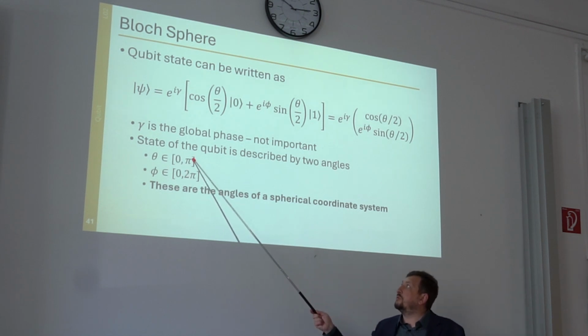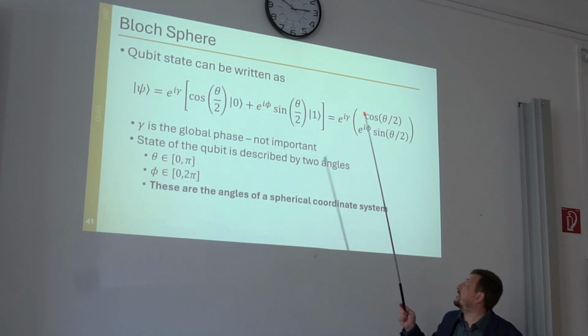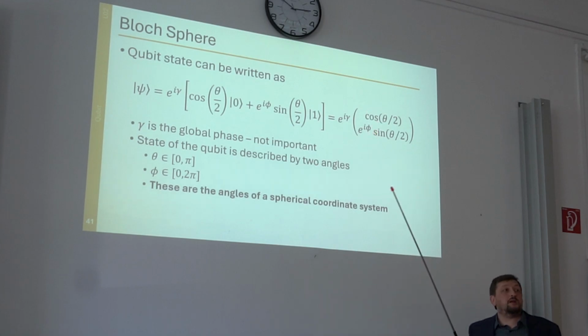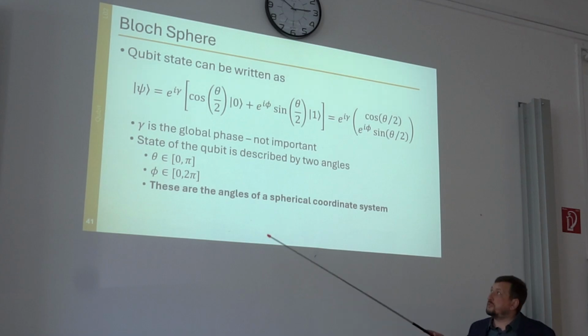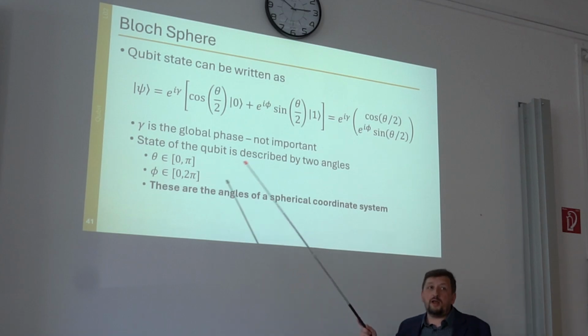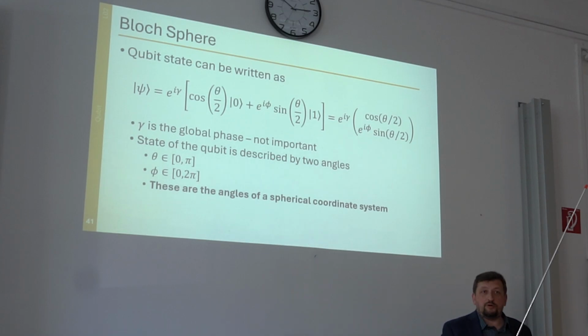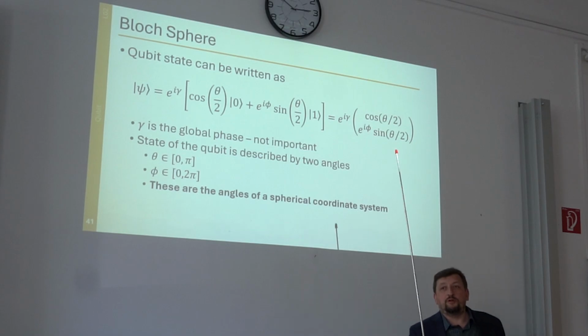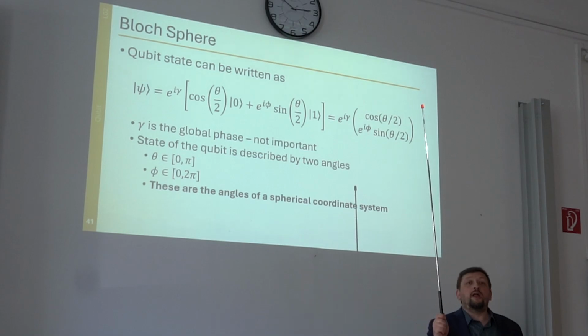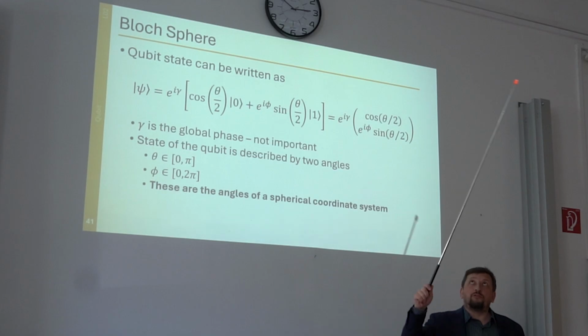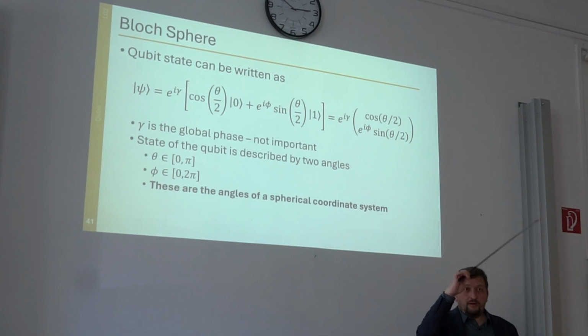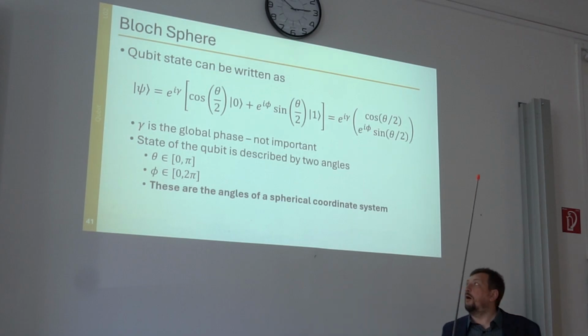Theta changes from 0 to pi, as we established, and this phase factor can be arbitrary, so it changes from 0 to 2 pi. And this is exactly the range of angles in a spherical polar coordinate system. We have polar angle theta that changes from 0 to pi, and azimuthal angle phi that changes from 0 to 2 pi.